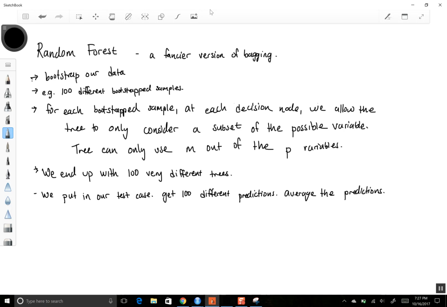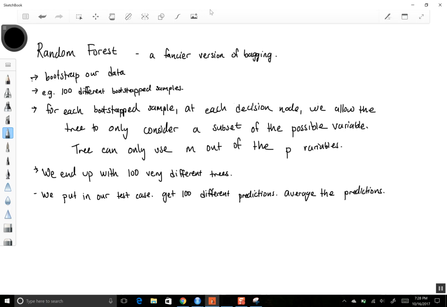It's only after we get into the 4th or 5th level, where we're starting to overfit the data, that we start getting differences. So if certain predictors are super strong, you might end up getting 100 trees that look almost the same except for the parts where it's overfitting. Then when you average these, you're averaging basically 100 results that are practically the same and not really giving you much information.